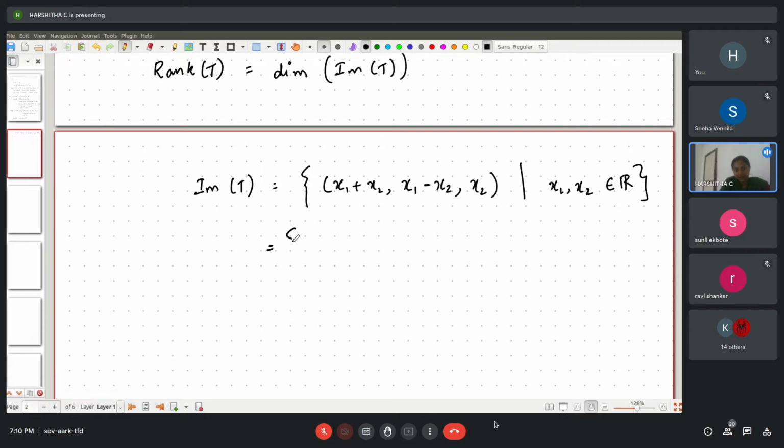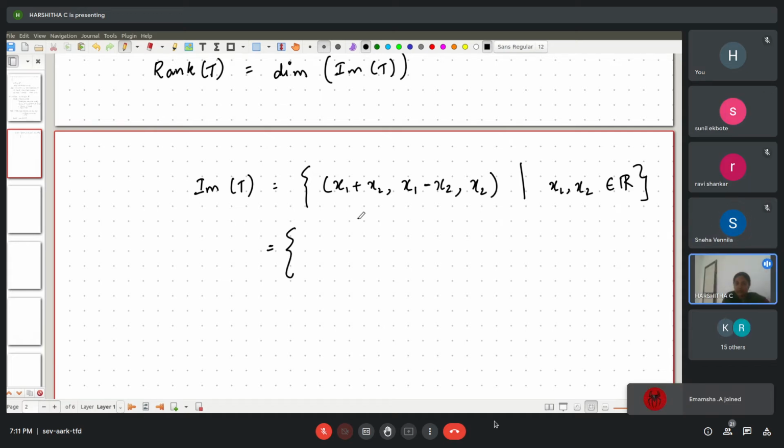Let us rewrite it in a slightly different way. We'll take the x1 terms separately and the x2 terms separately. So we can write it as x1, x1, 0 plus x2, minus x2, x2.